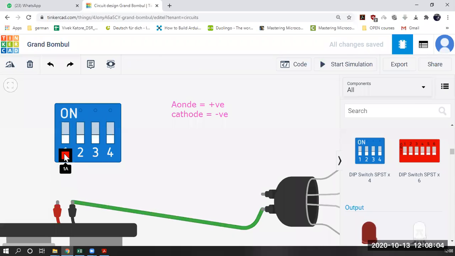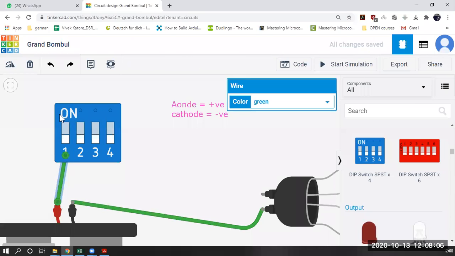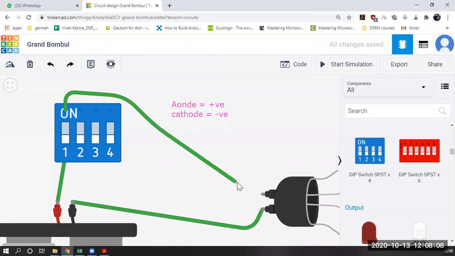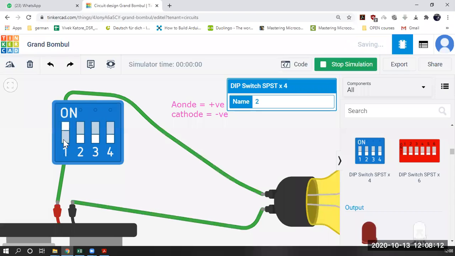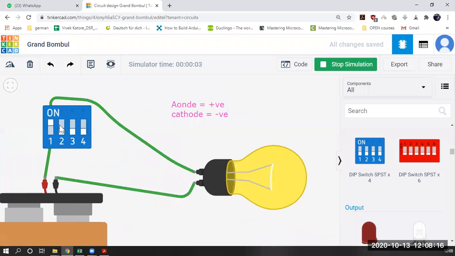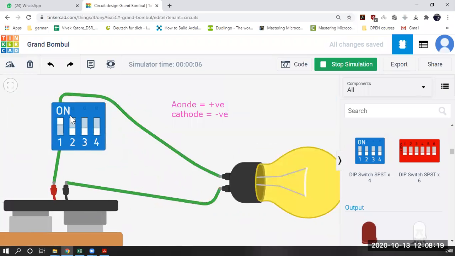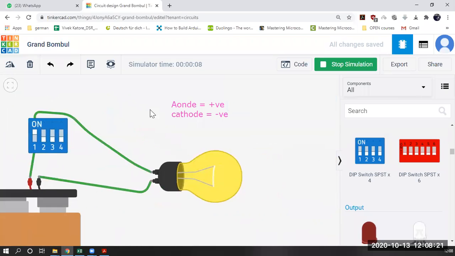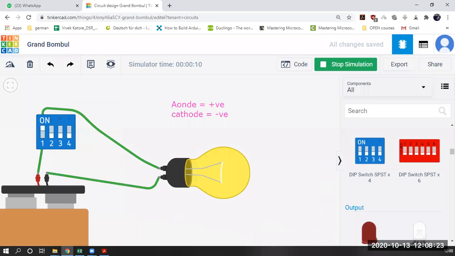If I connect the first part like this and the second part like this, it is just like your on-off switchboard, right? Basically, we can connect three more. I hope you have explored that.